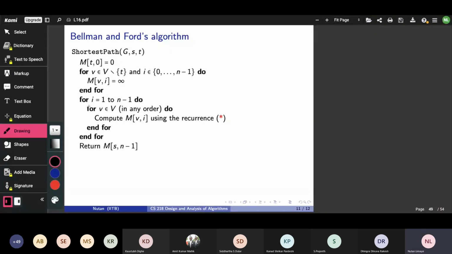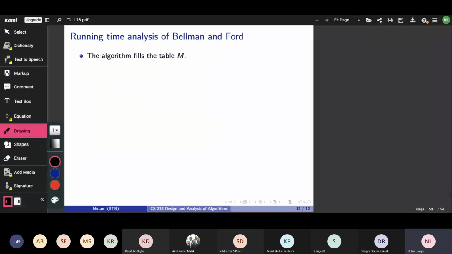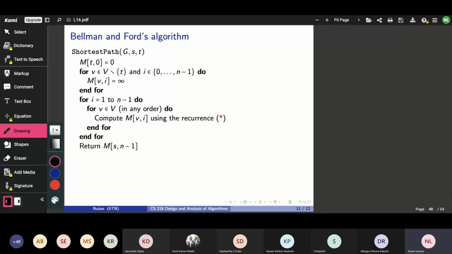And once I go through everything, because i will be n minus 1, we would have cycled through everything. So we would in the end have a value s comma n minus 1. So this is the full algorithm, the Bellman and Ford algorithm.